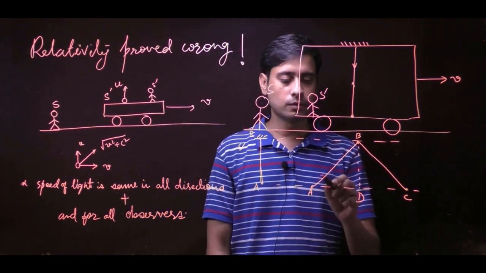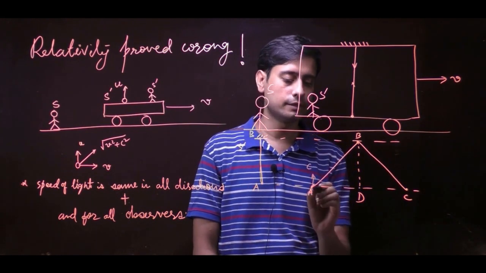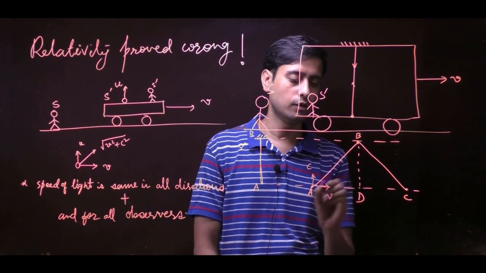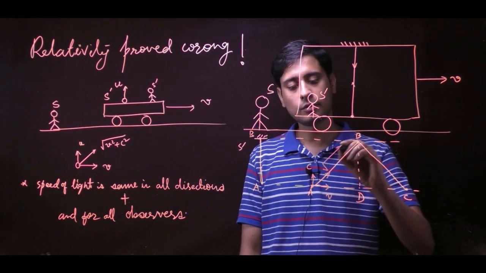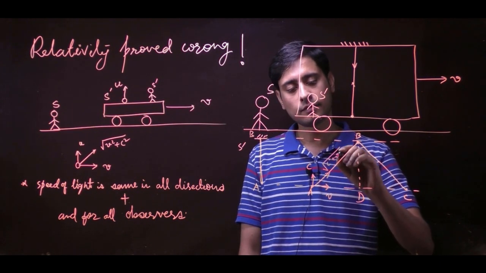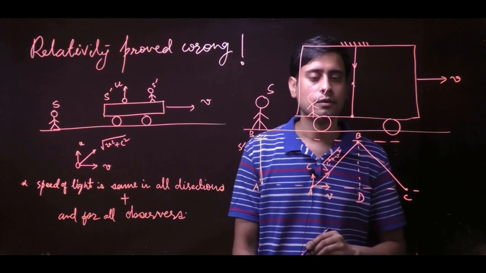So it has a speed c in the upward direction and v in the horizontal direction. So this speed must be square root of c square plus v square.